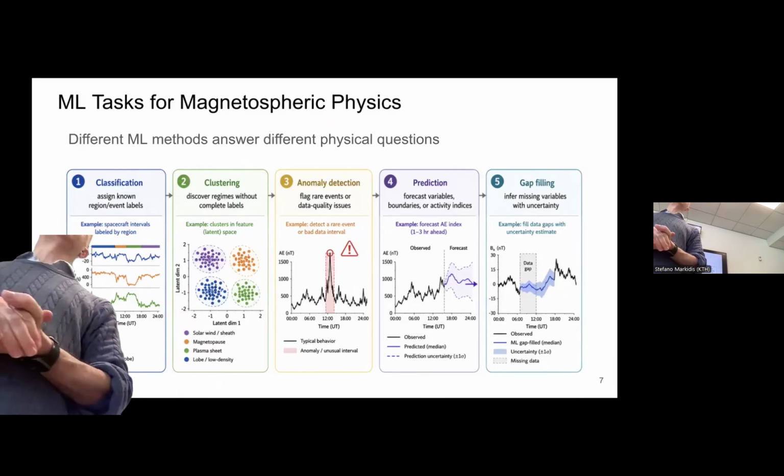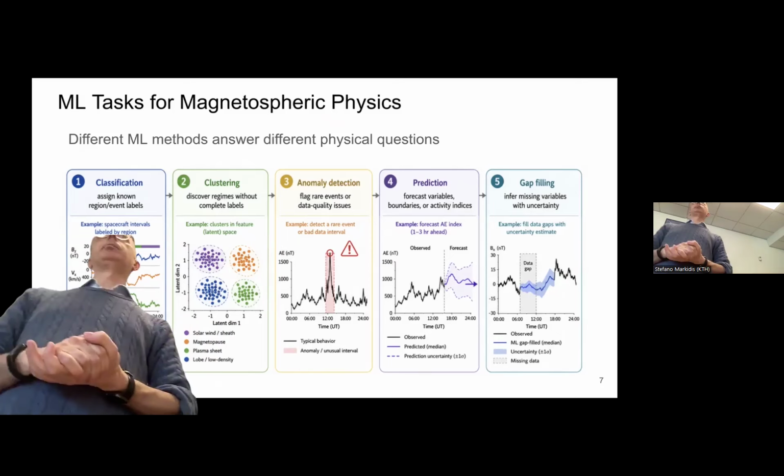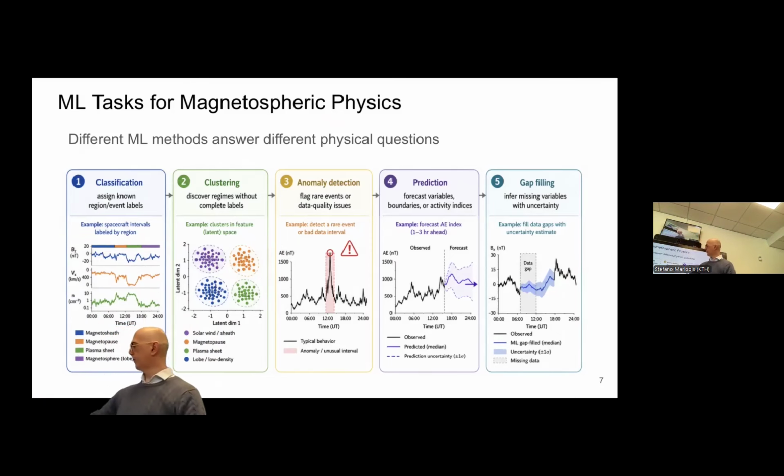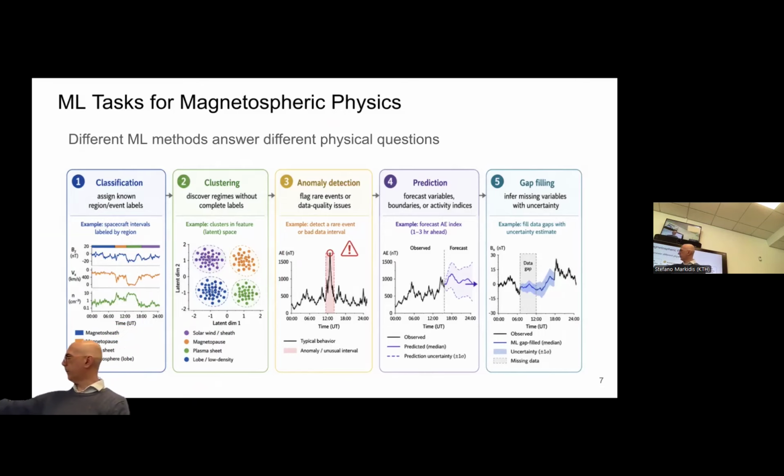It's easy. You have some labels, and you take the distribution function, and depending on the time or the space, you tell whether this region belongs to the magnetosheath, this to the magnetopause, and this purple one to the magnetosphere.